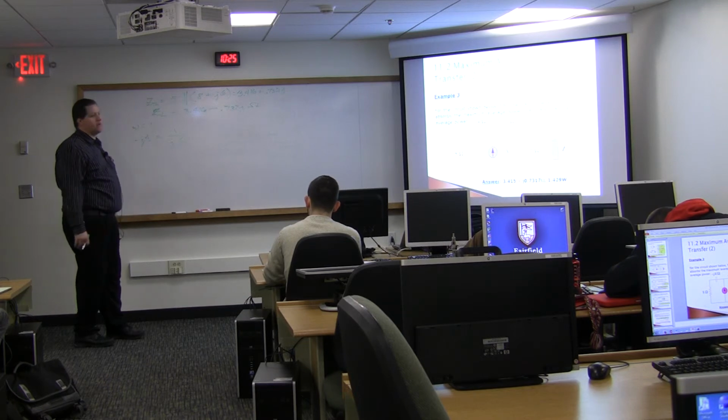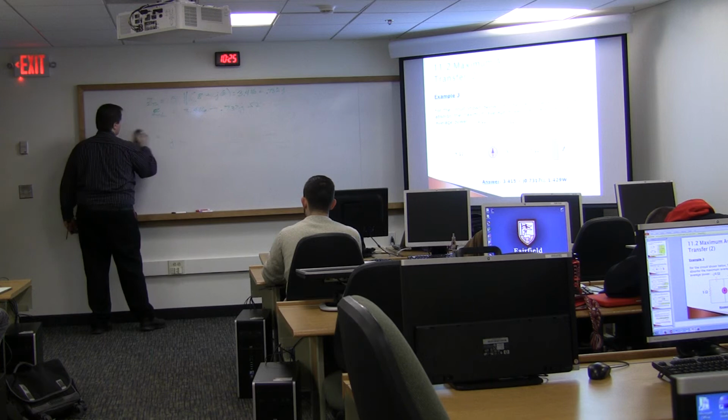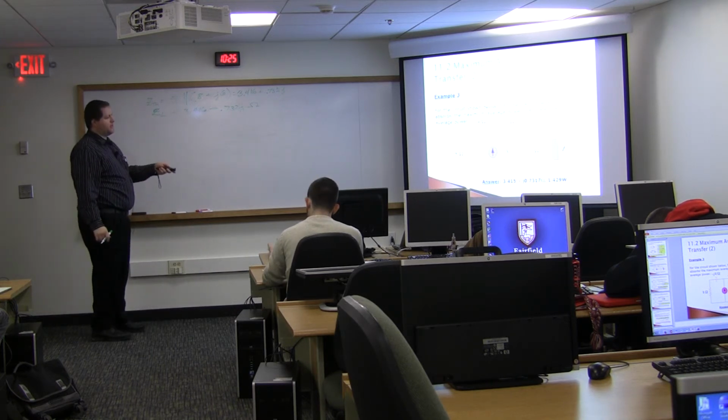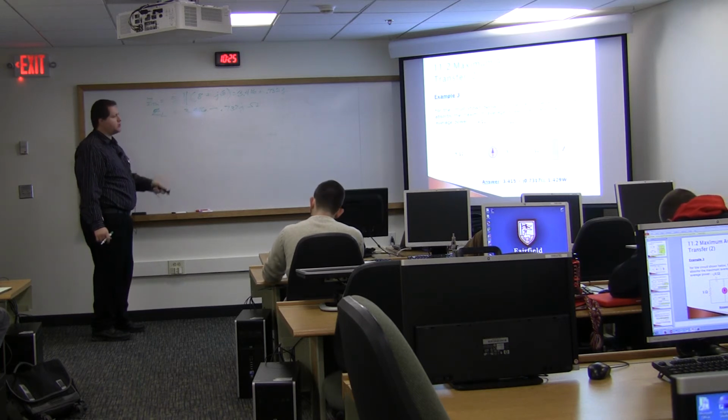Let's do this with some current division this time. So I'm going to divide the 2 amps. Some flows to the left, some flows to the right. I want to know the current flowing in this right-hand branch.